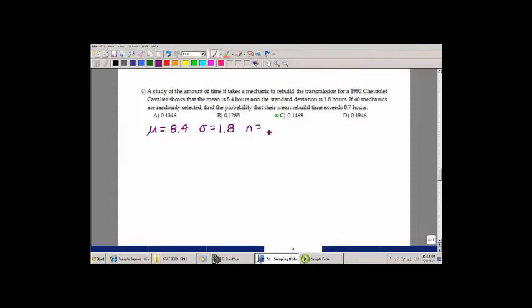If 40 mechanics are randomly selected, find the probability that their mean rebuild time exceeds 8.7 hours. Once again, the two key things: we're selecting 40 mechanics, not just one mechanic, and finding the probability that their time, the average of those 40 mechanics, exceeds that. And also, once again, the word mean appears.